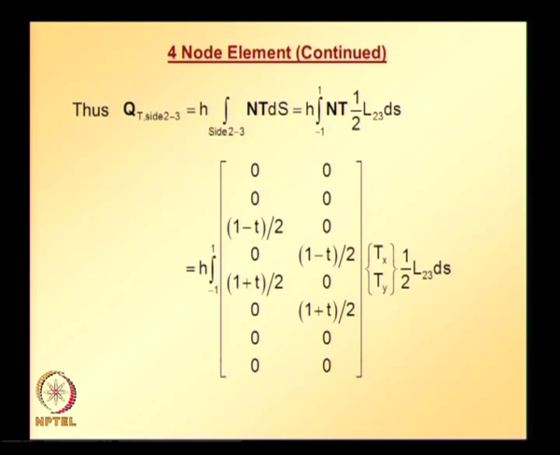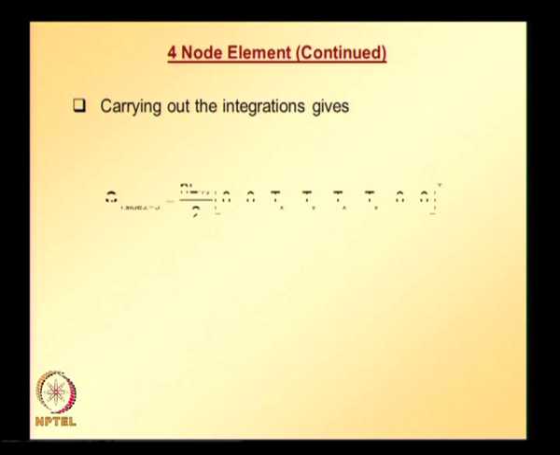Since here we assumed Tx and Ty are uniform, or in other words constant, we can easily obtain this q vector in closed form. So, carrying out the integrations we get q in this manner.